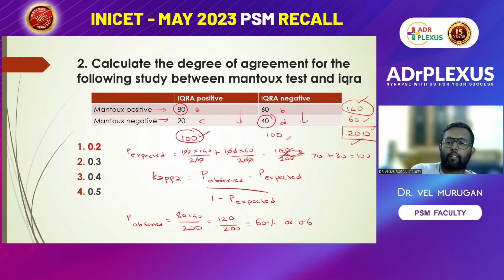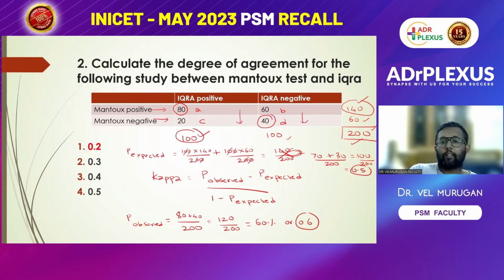So probability of expected is 100 by 200, so it is 0.5. The probability of expected is 0.5 and probability of observed is 0.6.